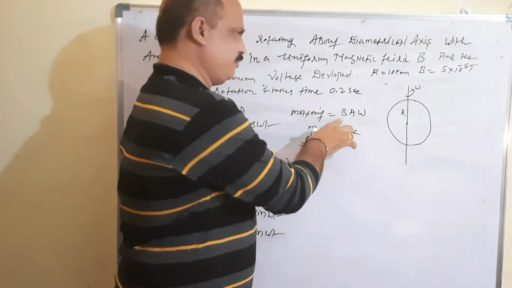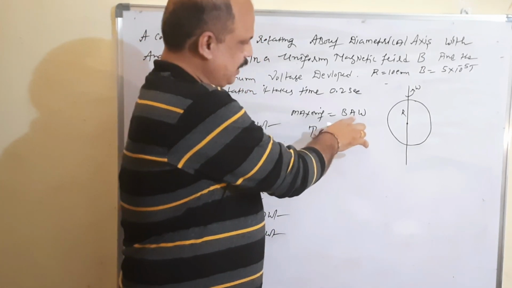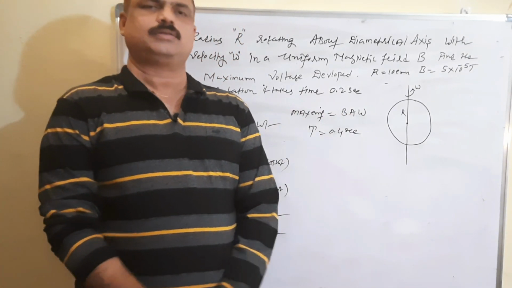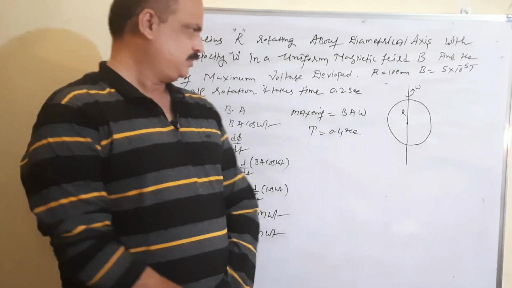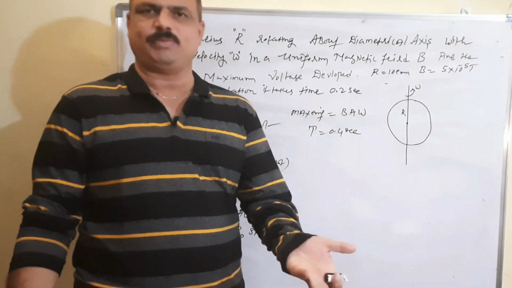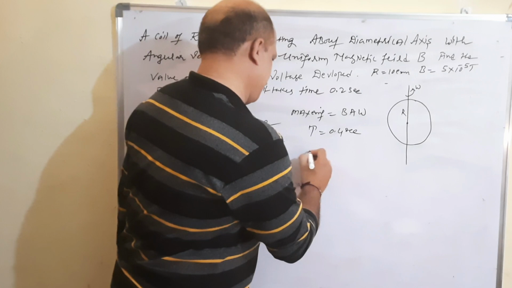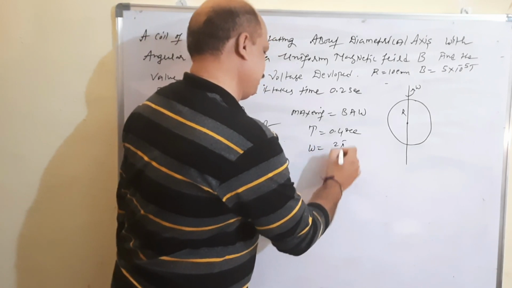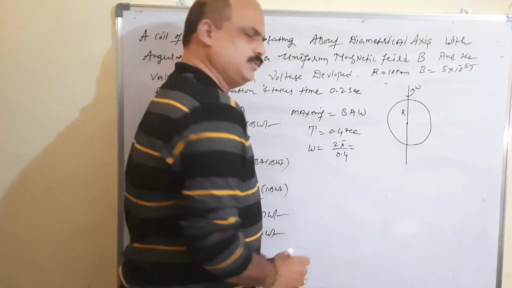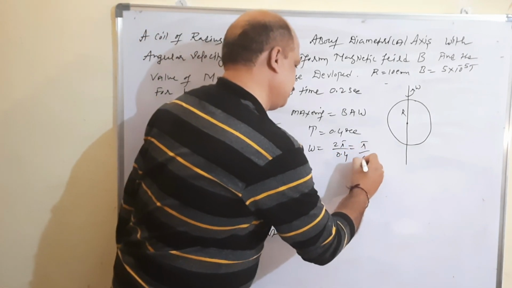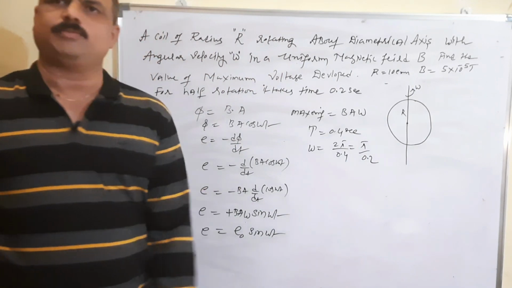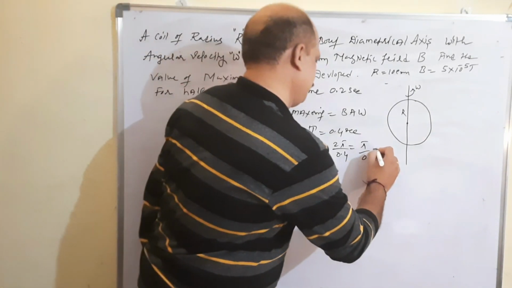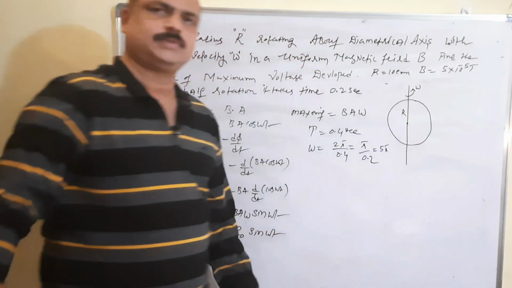Since it is a circular coil, the area of the coil is pi r square, and omega is 2 pi by T. Substituting, omega is equal to 2 pi by 0.4, that is pi by 0.2, which equals 5 pi.